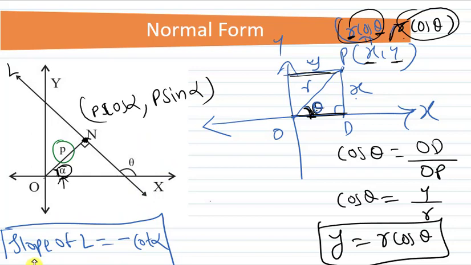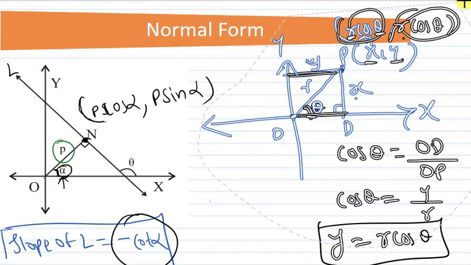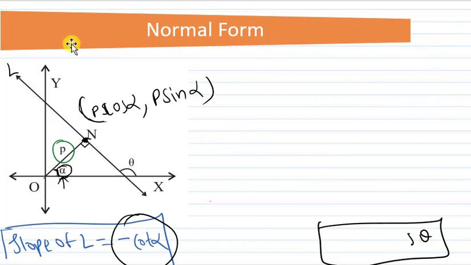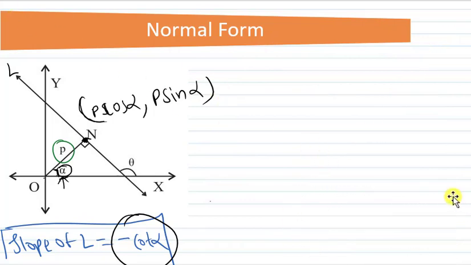Now I know the slope of line L, that is minus cot alpha, and the point through which the line L is passing. Just apply the equation of a line in slope-point form.